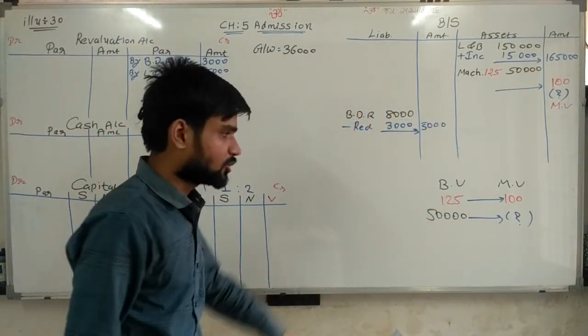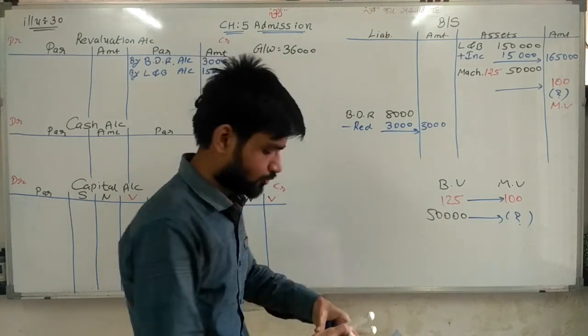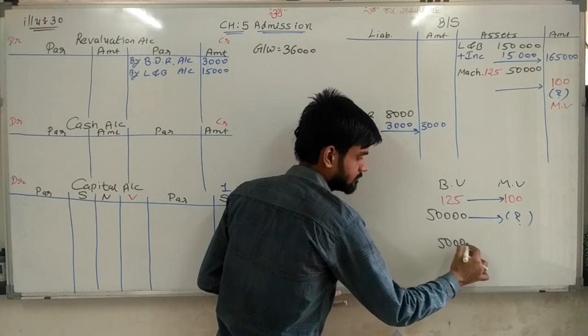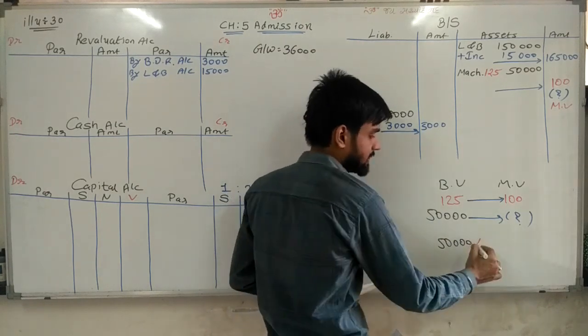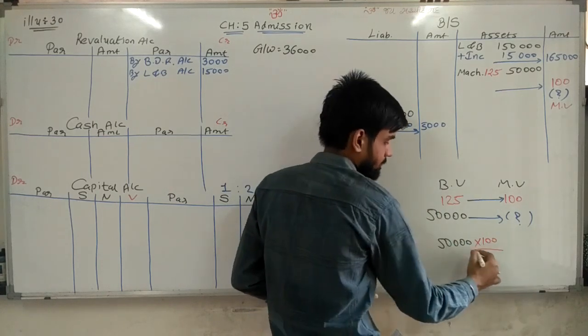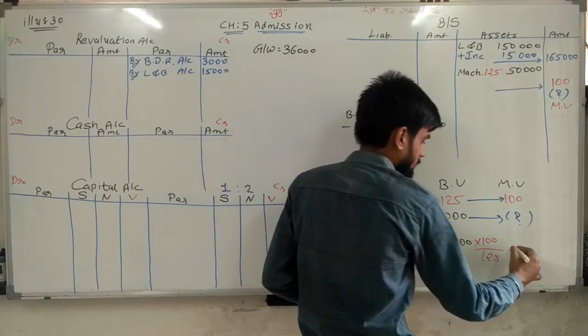Simple. Now cross multiplication, all of you know very well. 50,000 multiply with 100, divide with 125.